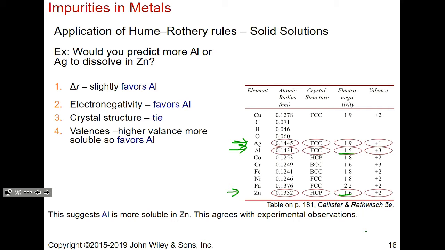Crystal structures, it does say HCP here, and these are FCC. Now, this brings up the point that we have not gone into great detail about HCP in general, other than to introduce it as a crystal system that exists within one of the 14 Bravais lattices. But where FCC and HCP can interact is that the FCC 111 plane is hexagonally close packed.